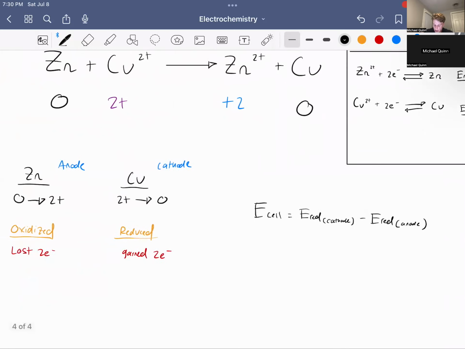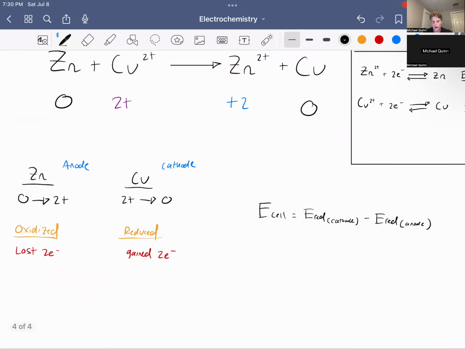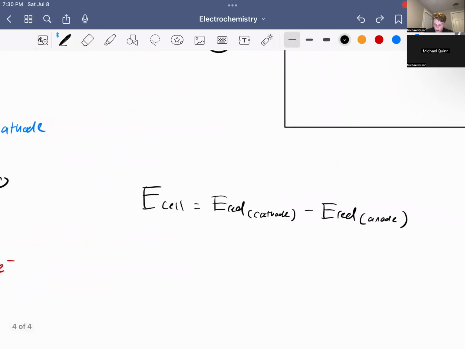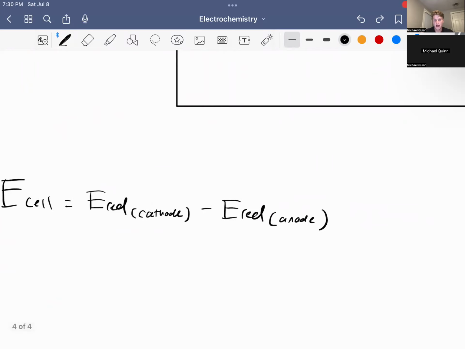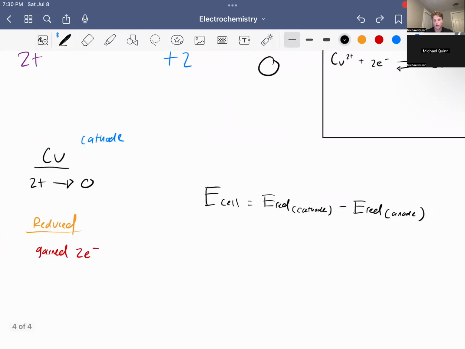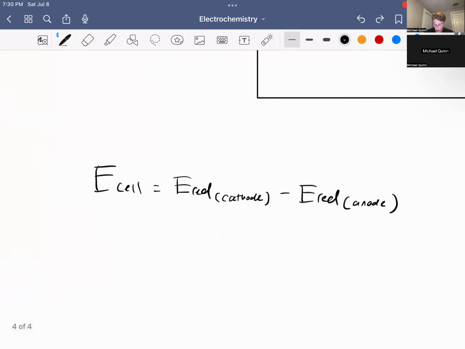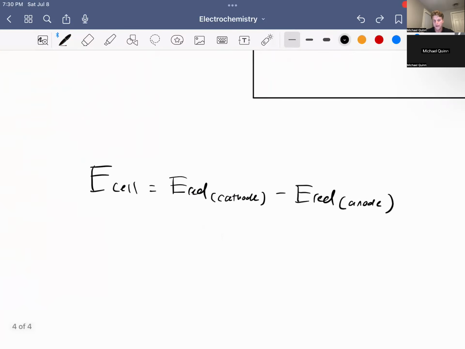So we need to decide which species is at our cathode and our anode before we set up this formula. We decided that copper is our cathode. Be careful because these are both reduction potential values, and we know that our anode is going to get oxidized.